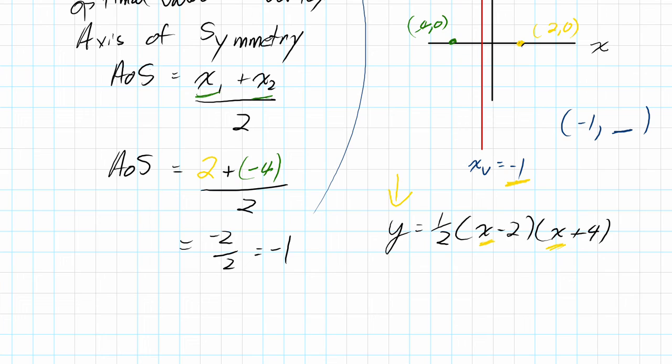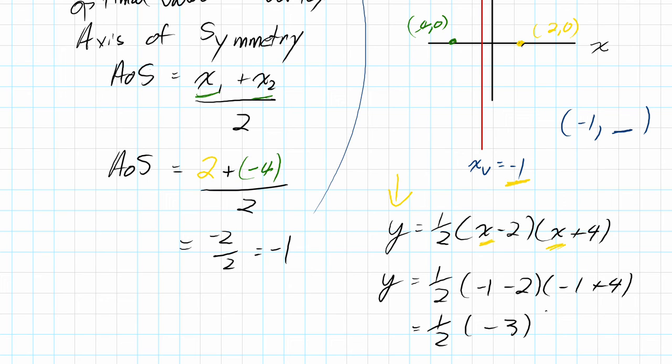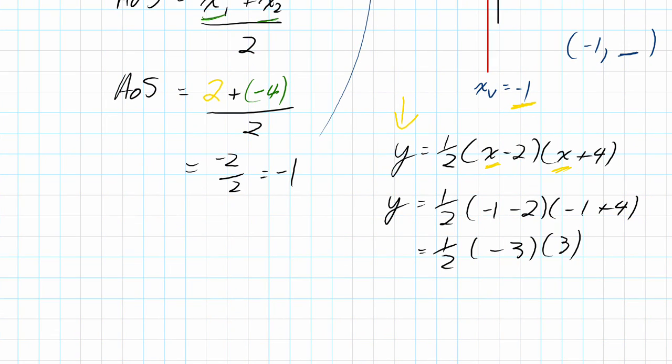So let's plug this in. y is equal to 1/2(-1 - 2)(-1 + 4). Okay, so we're using that equation in factored form to solve this other piece. We carry out some of the algebra here. We get -3 and 3, which is going to give us -9, and we're going to get -9/2, which is equal to -4.5 as a y value.